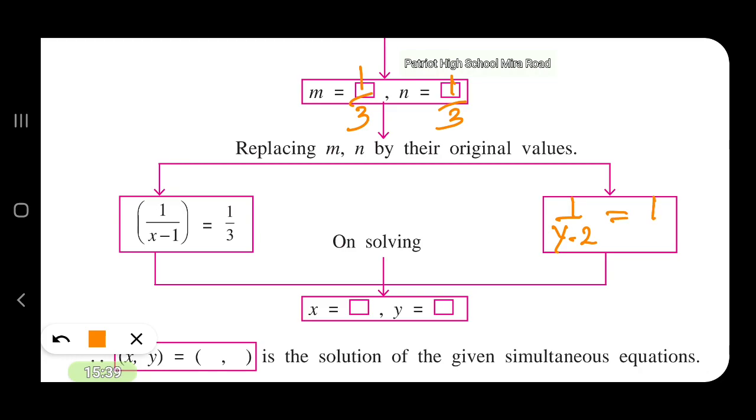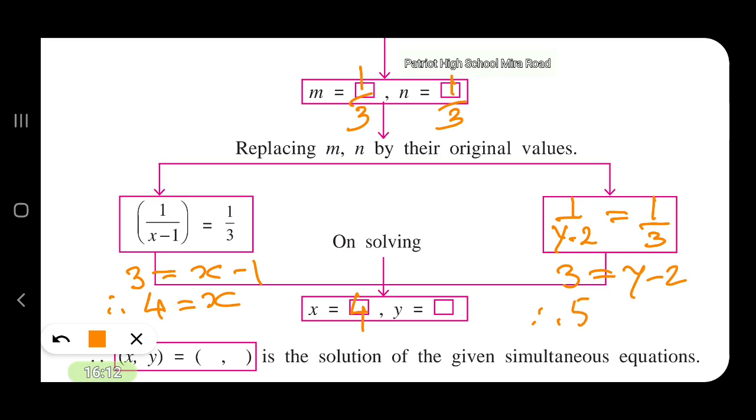Now solving this, cross multiplying, we have 3 is equal to y minus 2. Therefore, 5 is equal to y. So y is equal to 5. Similarly, for x, cross multiplying, 3 is equal to x minus 1. Therefore, 4 is equal to x. So x is equal to 4. This is the solution. So x, y is 4, 5.